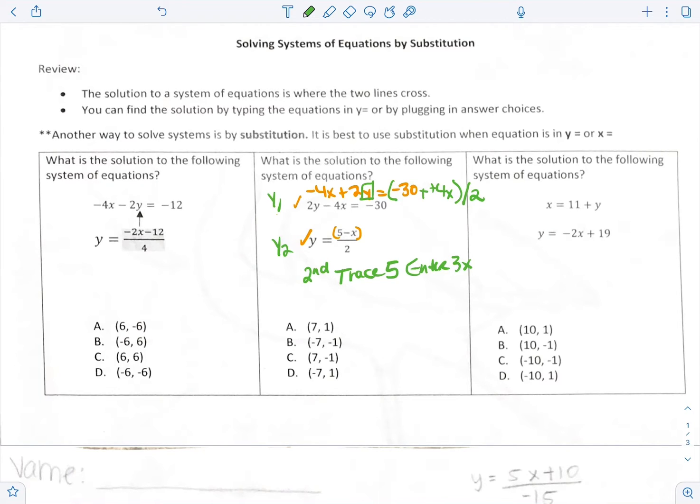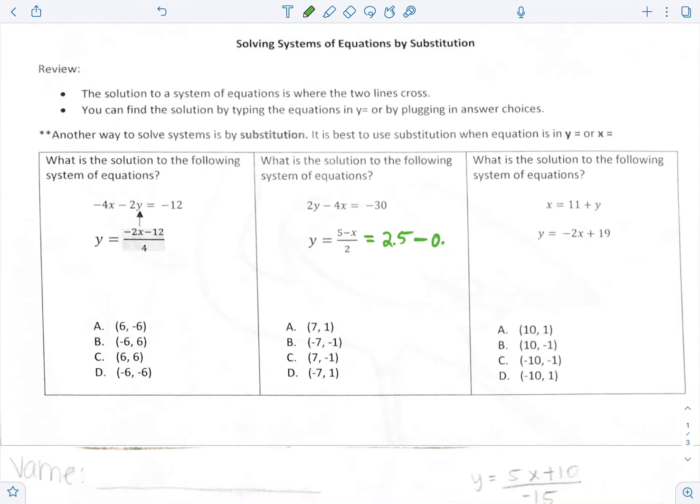Now, what we're going to do is substitution. For simplicity's sake, if we do substitution, my suggestion here is to simplify this. And we always talk about not dealing with decimals, but we're going to deal with decimals here just to help ourselves out. So 5 divided by 2 is 2.5 minus 1x divided by 2 is just 0.5x.